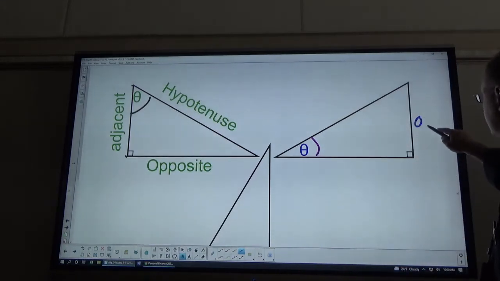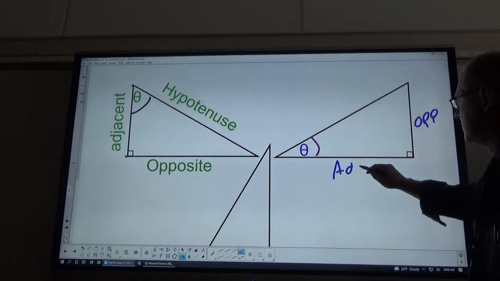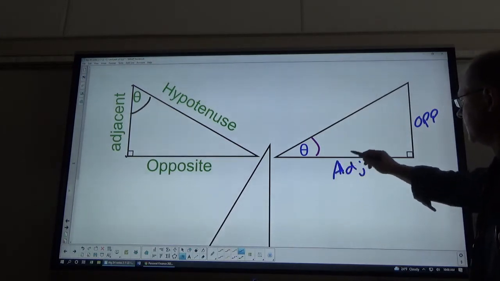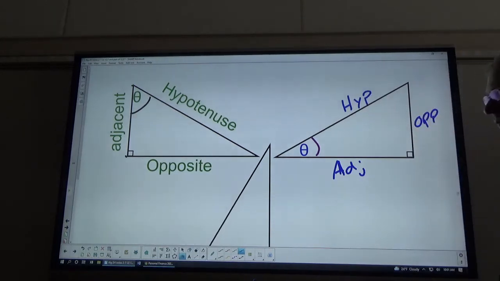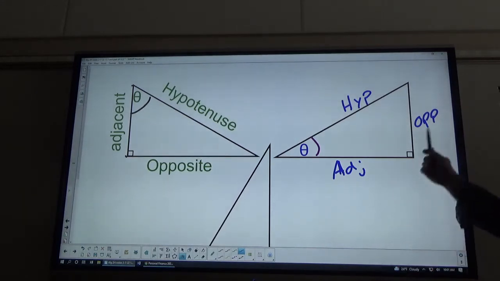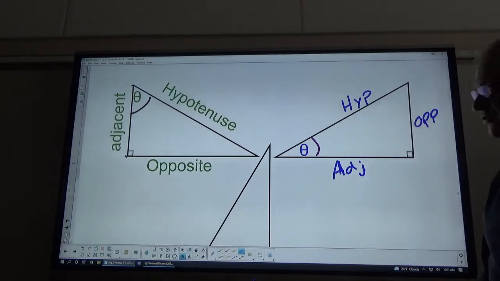This would be your opposite. This would be your adjacent. And so this is the hypotenuse. Now you could use A, O, and H for those sides. It's okay. I just used the three-letter abbreviation.